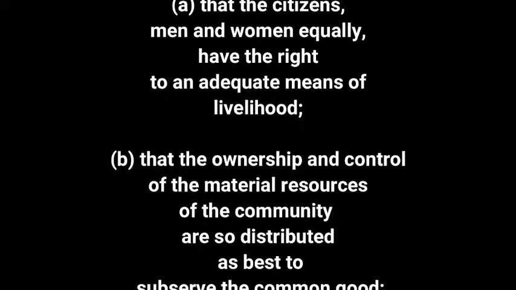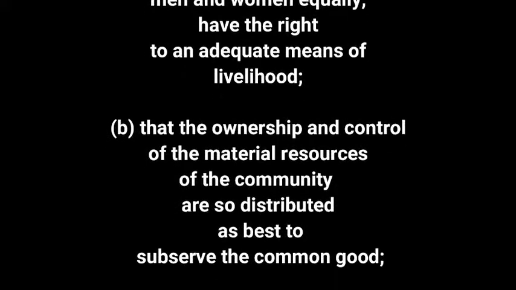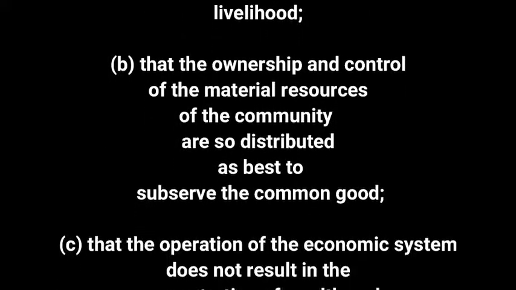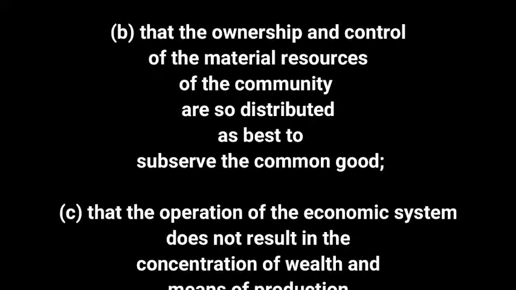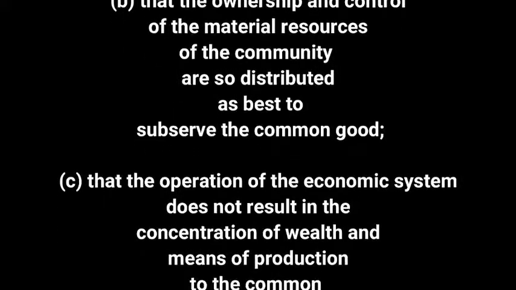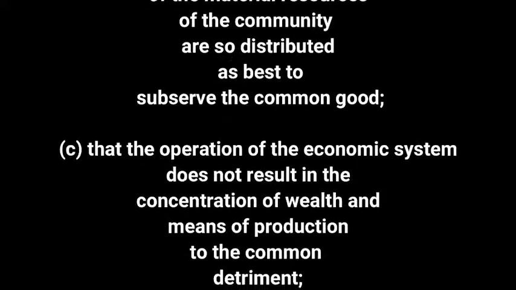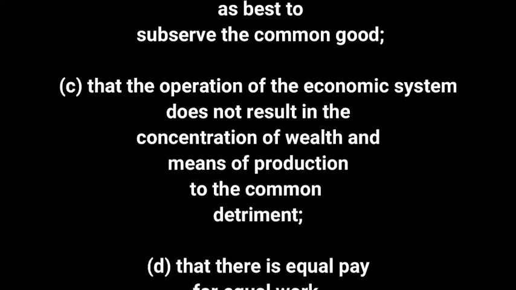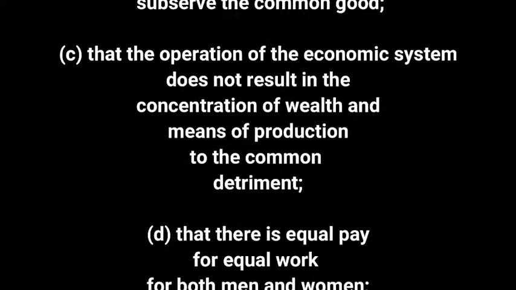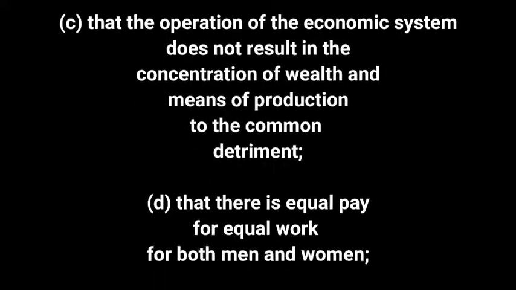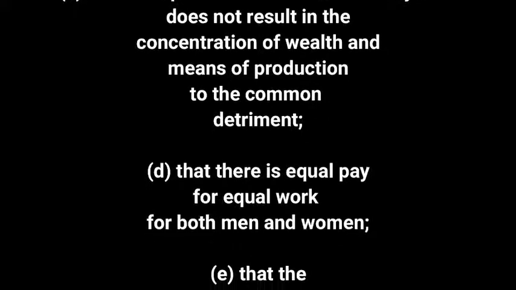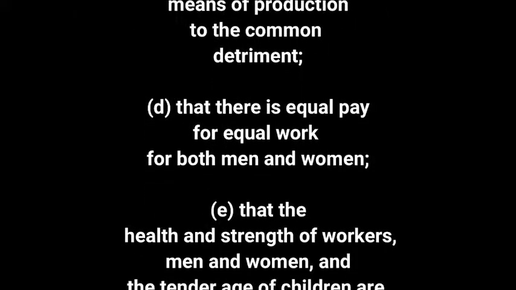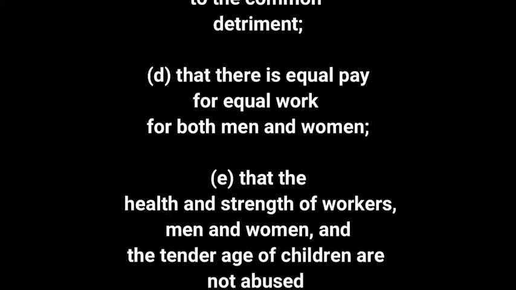That the ownership and control of the material resources of the community are so distributed as best to subserve the common good. c. That the operation of the economic system does not result in the concentration of wealth and means of production to the common detriment. d. That there is equal pay for equal work for both men and women.